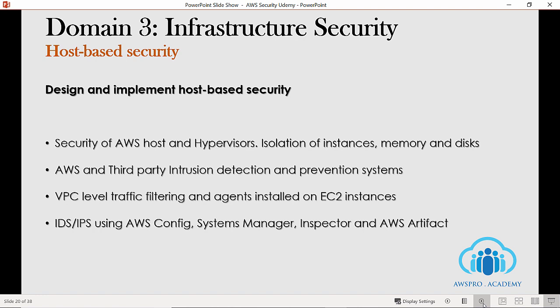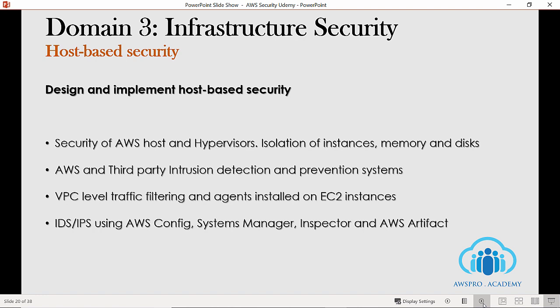Another important topic under this section is IDS and IPS, intrusion detection and prevention systems. Since packet sniffing is not allowed in AWS, you have to use marketplace applications to perform intrusion detection functions. You should get familiar with VPC level traffic filtering and monitoring.